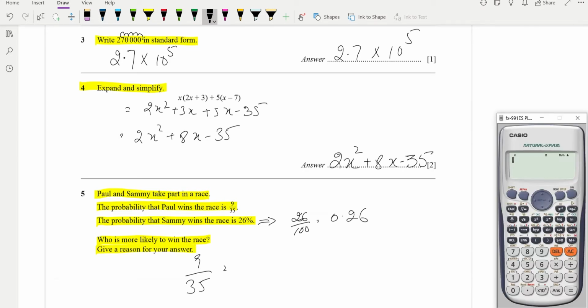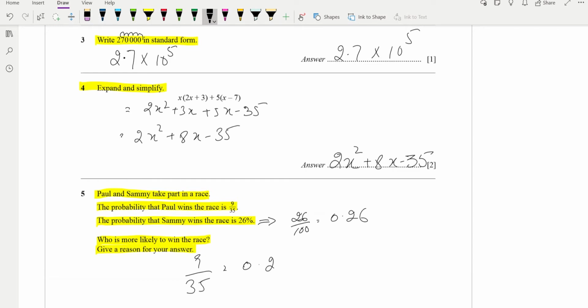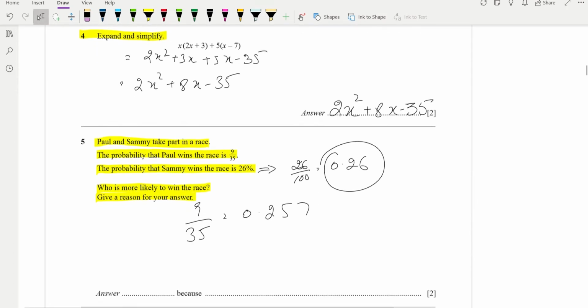we convert to decimal, 9 over 35 will be equal to 0.257. So we can see that the probability is more for 0.26. So who is more likely to win?